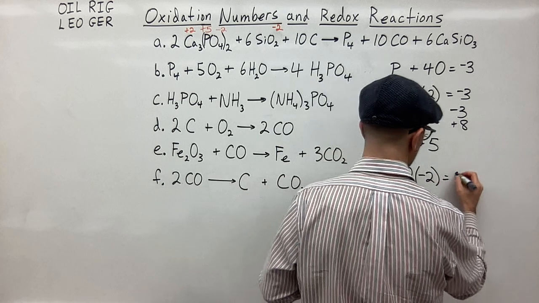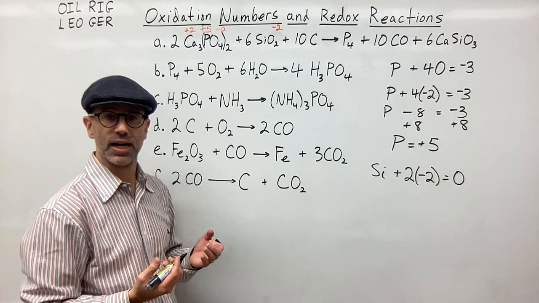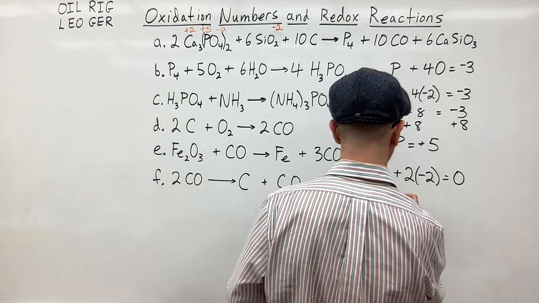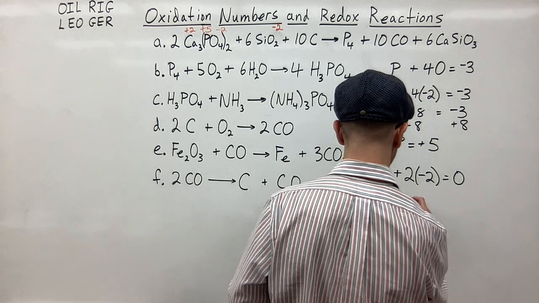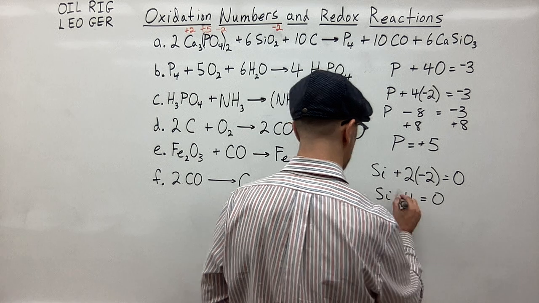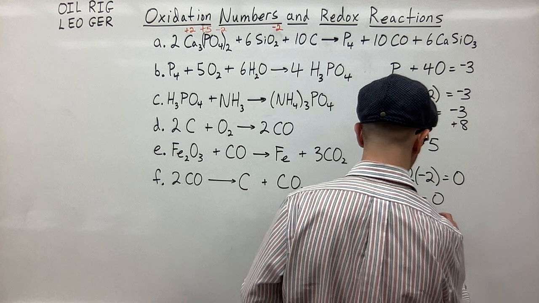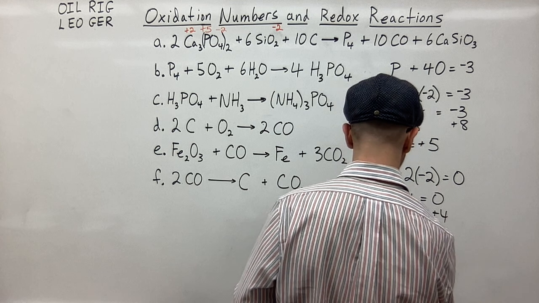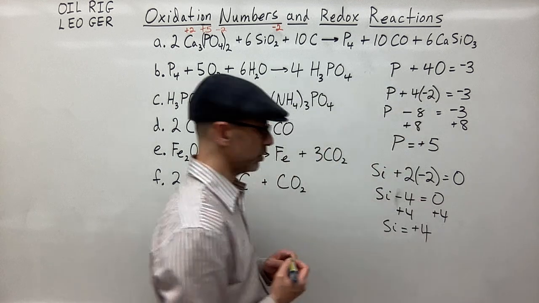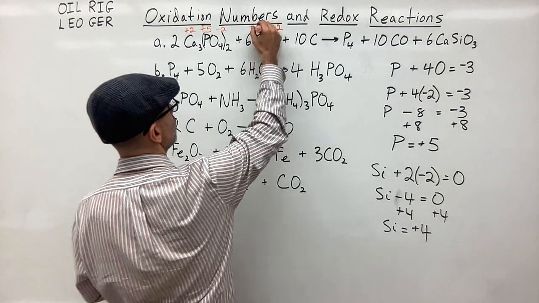And that's going to be equal to 0 because the overall charge on the SiO2 is 0. And so this is going to be Si plus 4 equals 0. Oops, that's going to be -4 because of the negative. So then we're going to add 4 to both sides, and that means the oxidation state of silicon is a +4. So we can go ahead and put a +4 here.